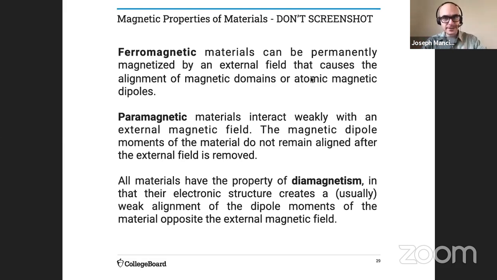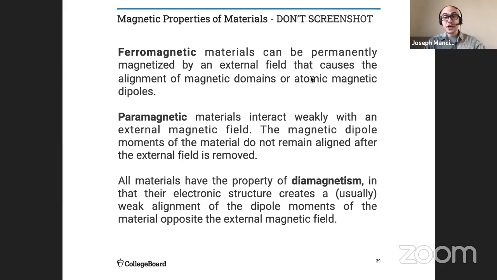And diamagnetism means they are feebly, weakly repelled by a magnetic field. You can repel anything with a strong enough magnetic field. So even though you wouldn't think of water as magnetic, water does exhibit diamagnetism, which is super weird.